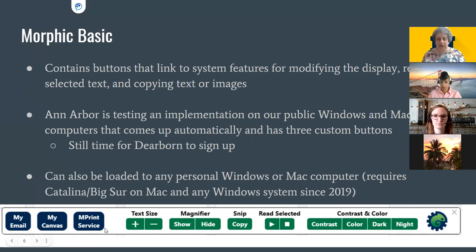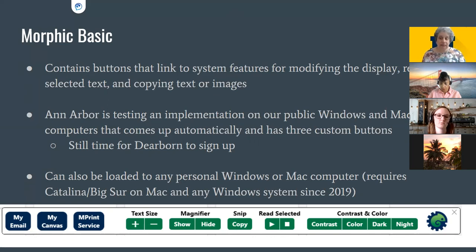As you will see from the screenshot of the toolbar at the bottom of the slide, there are green buttons, which are the buttons that come with every Morphic Basic toolbar. And then on the left, there are 3 blue buttons: My Email, My Canvas, and mPrint.